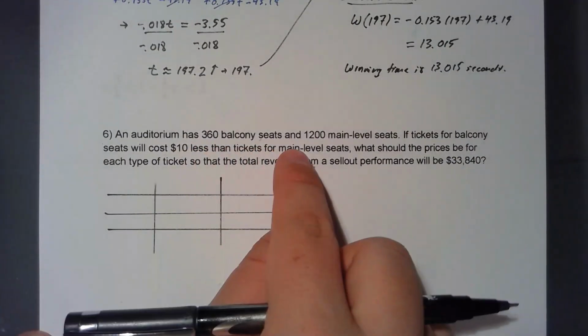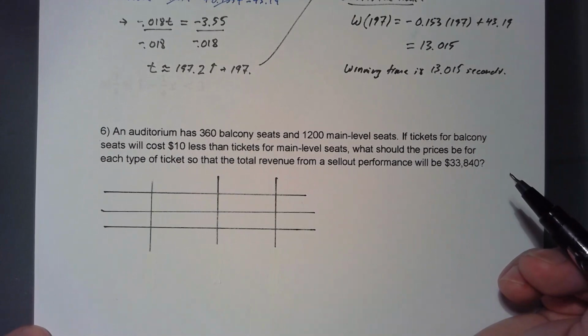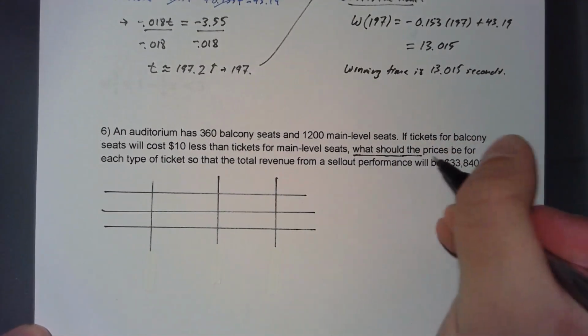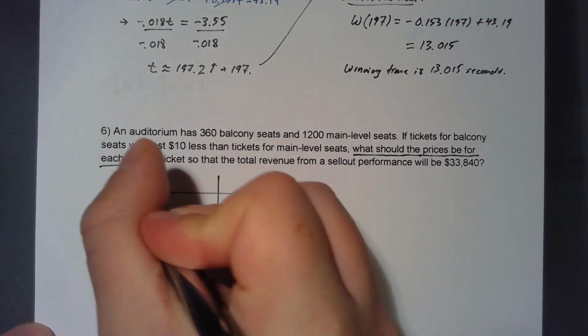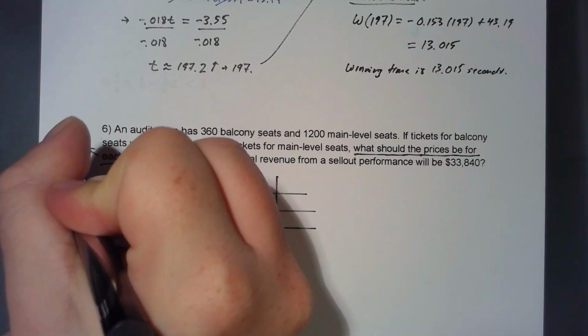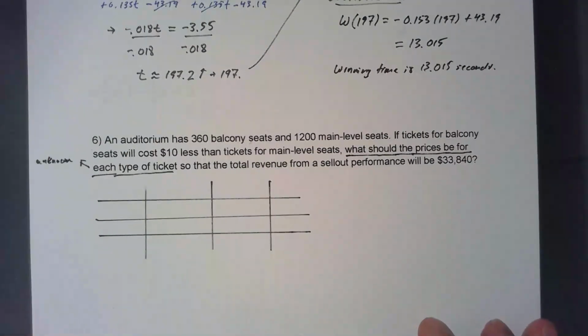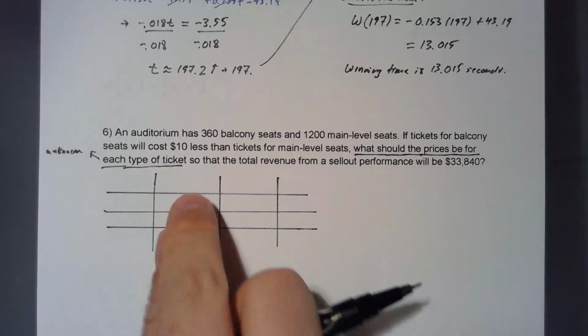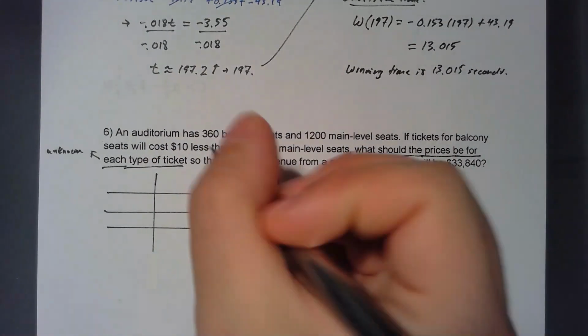Alright. What we're trying to do is figure out, so what's the unknown here? What should the prices be for each type of ticket? That's the unknown. So this is a total value problem, right? Remember, the way we set up the tables is the quantity goes in the first column.